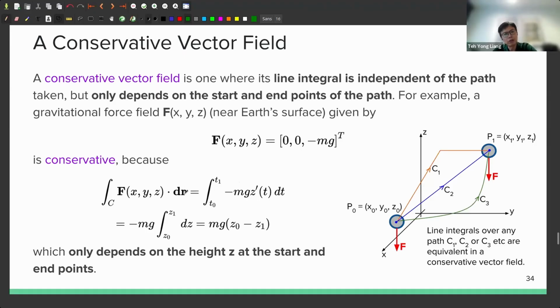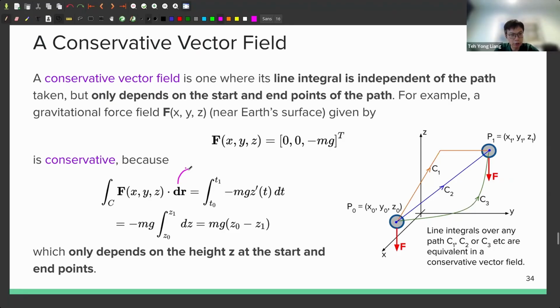So if you perform this integral, whereby you have minus mg, why is there a z prime here? Wait, let me see. So F of x, y, z dot dr. Correct, because this dr is actually r prime dt.